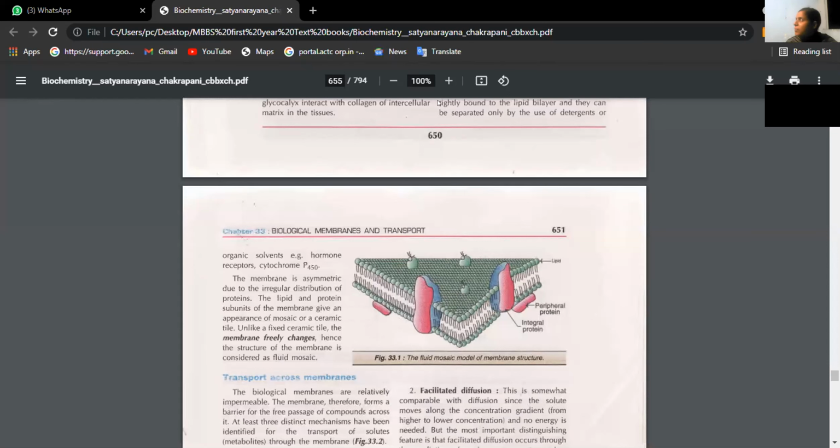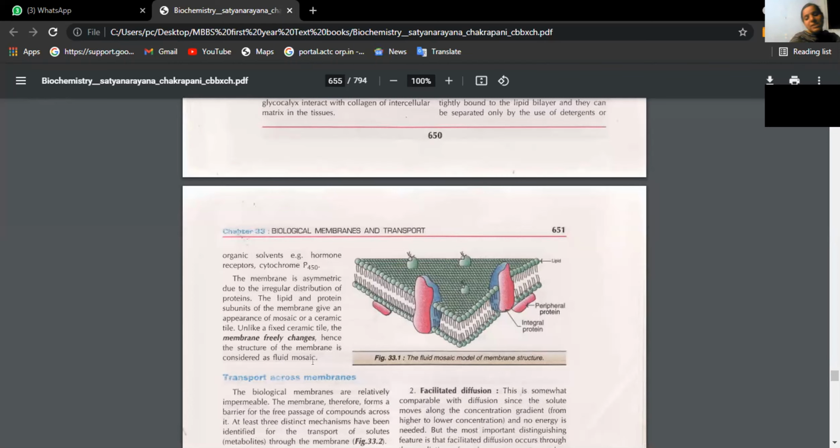So basically we have three types of RNAs, isn't it? So what are those? mRNA, tRNA and rRNA. So what does tRNA do? tRNA is actually transporting the amino acids from the cytoplasm to the site of protein synthesis. So what is the site of protein synthesis? We have ribosomal RNAs.